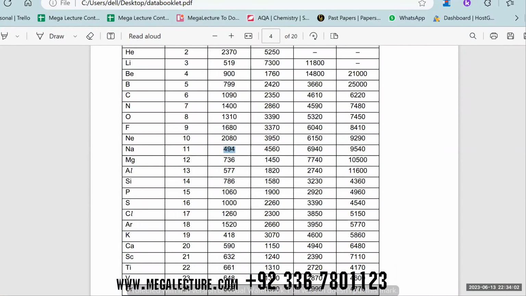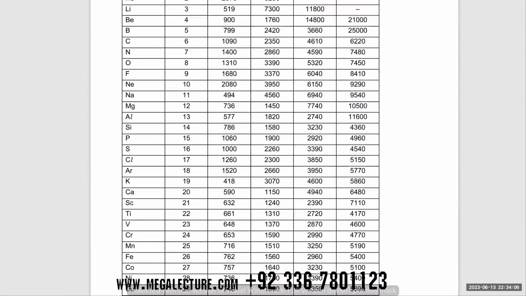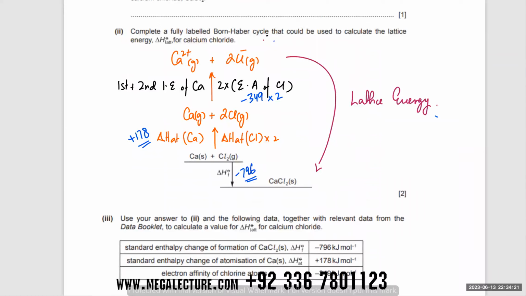Where's calcium? Calcium is 590 and 1150. So this one is 590 plus 1150. So now can you calculate the lattice energy? One path is equal to the other path.